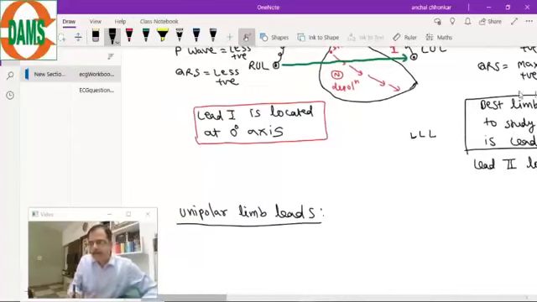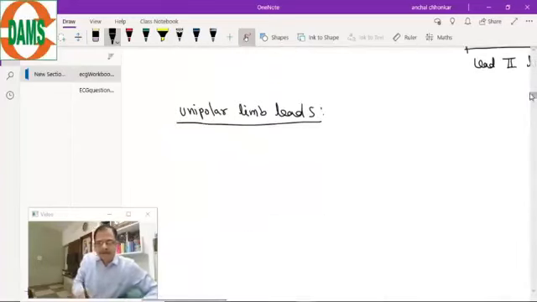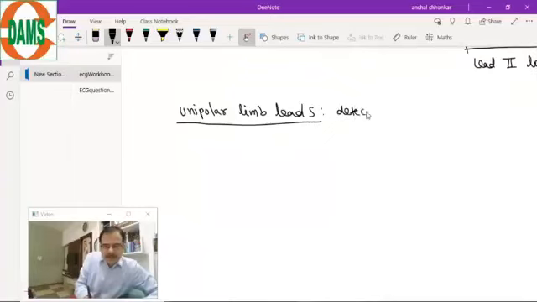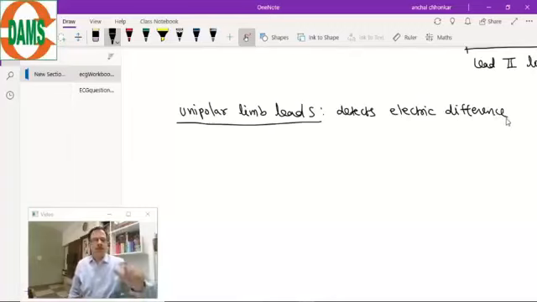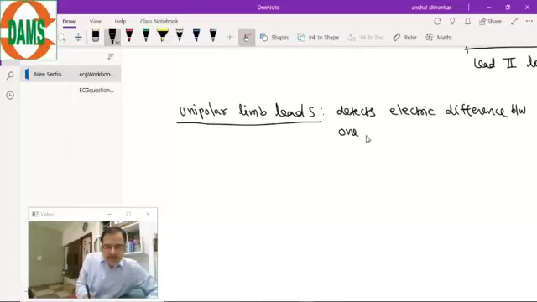First is the definition. Unipolar limb leads detect electrical difference between one limb and a combination of two other limbs.